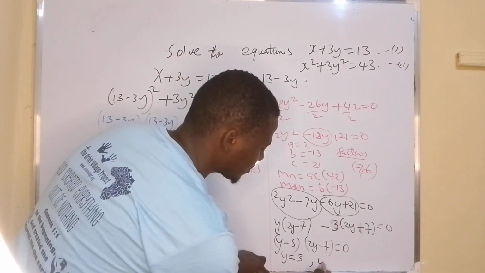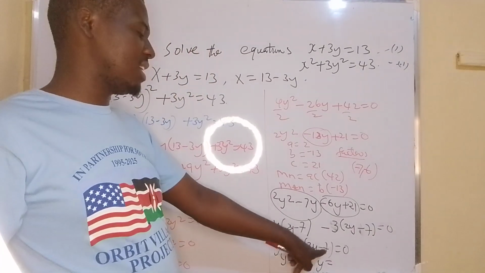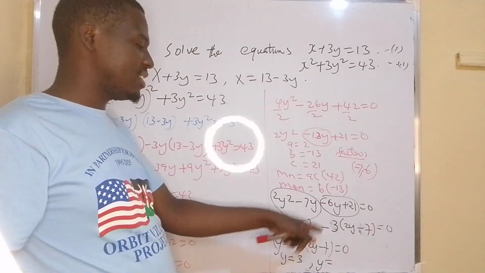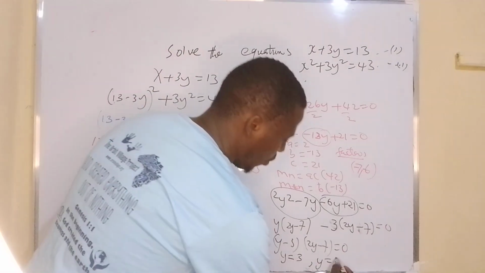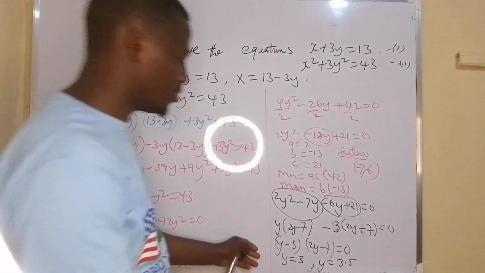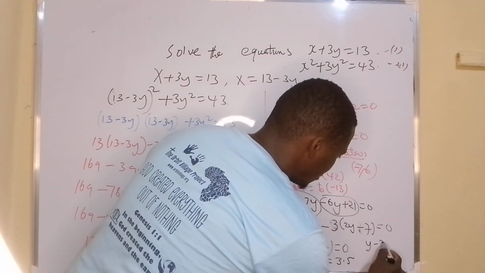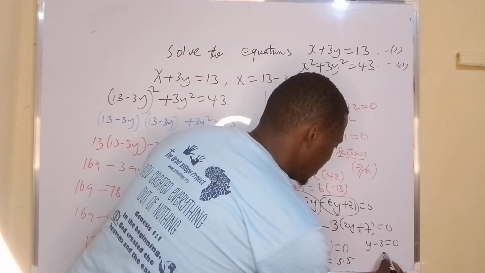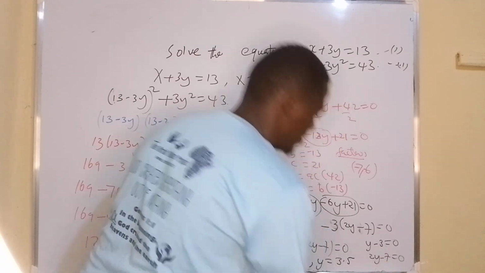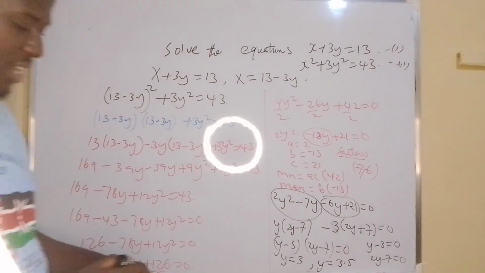The other one, 2y minus 7 is equal to 0. Therefore, 2y is equal to 7, so y is 3.5. That one is very simple. That's what we get as the values there.